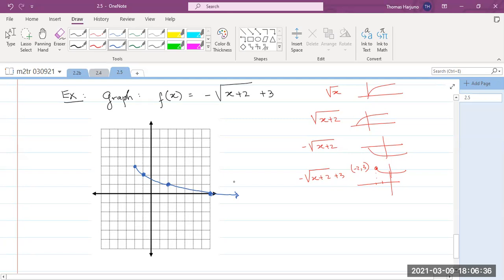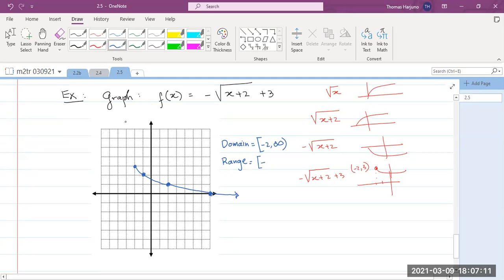Okay, as you can see, the domain is: x plus 2 has to be non-negative, right? So it's from -2 to infinity. Now, how about the range? You can find the range a lot faster if you can imagine how the graph actually moves around. When you see this graph, can you tell what's the range? What kind of y's can you get from this graph?